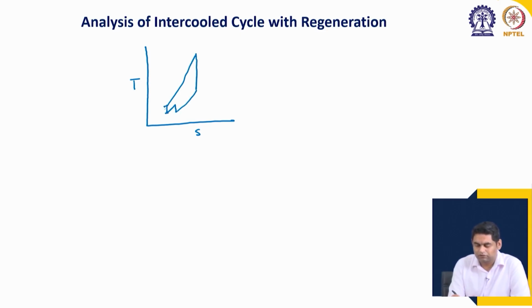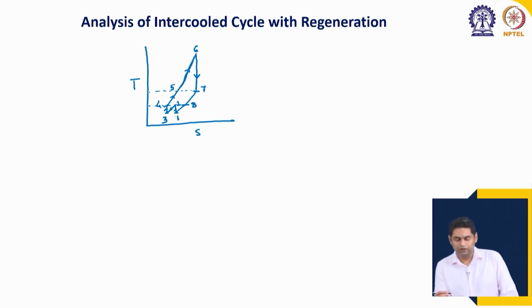So, going from 1 to 2, sorry, this is 1, 2, 3, 4, then 5, then the combustion process going from 5 to 6, 6 to 7 expansion in the turbine, and 7 to 8 is the regenerator on the gas side, where the heat transfer occurs from these combustion products.